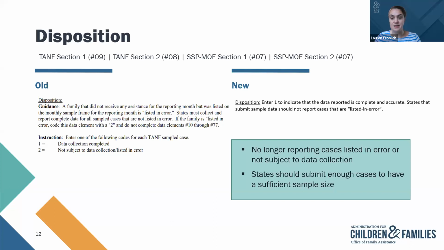And so ideally, cases listed in error would be excluded before you sample, and you should sample more than the minimum required cases each month in order to maintain a sufficient sample when such cases are removed. Again, this isn't a change in policy, it's just trying to be as clear as possible, and removing the need to tell us whether it's listed in error, because we don't need to report that.